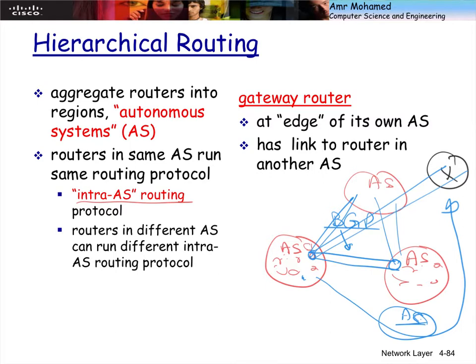Okay? In some cases بقى, I may actually have to go through AT&T in US to go to China. Why? Of course, this is not the shortest path, right? Why? Because I have certain agreements, right, with AT&T that the policy says that if you want to send traffic to China, you have to go through me.